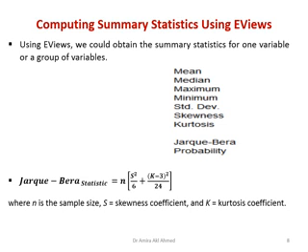Computing data summary statistics is an important task when dealing with numerical data. Fortunately, EViews enables us to compute summary statistics for one variable or a group of variables using menus. Summary statistics provided by EViews include mean, median, standard deviation, skewness, and kurtosis.